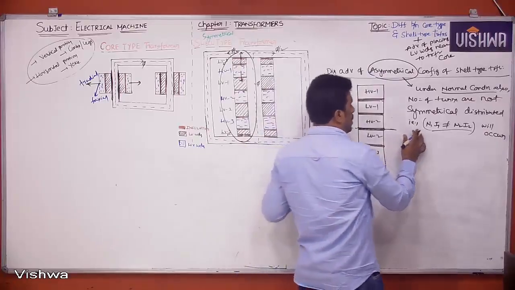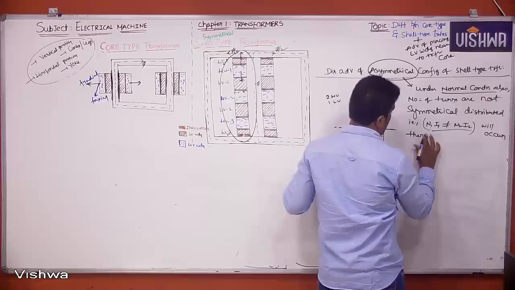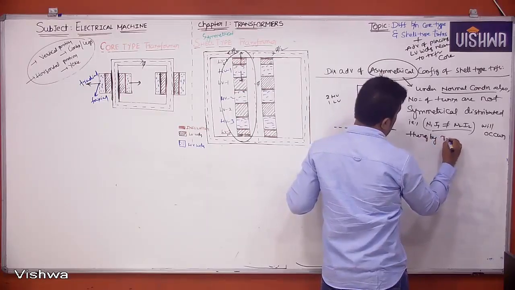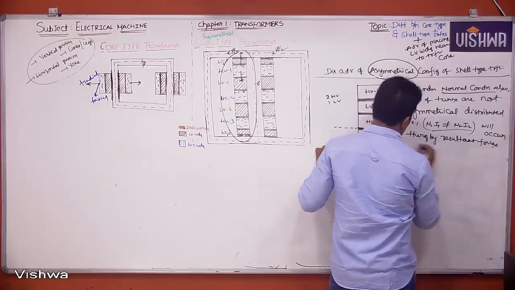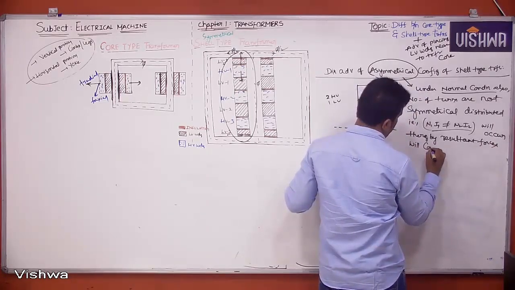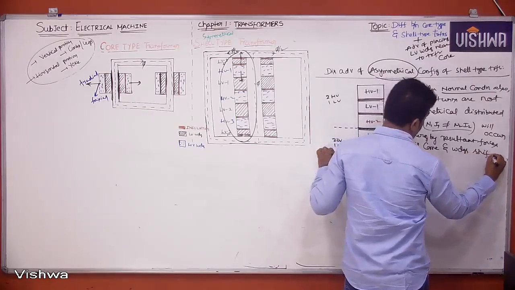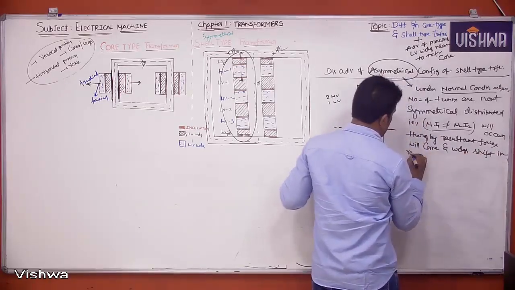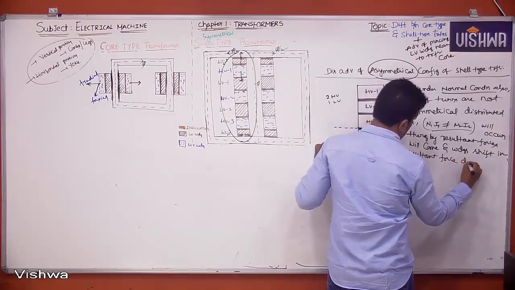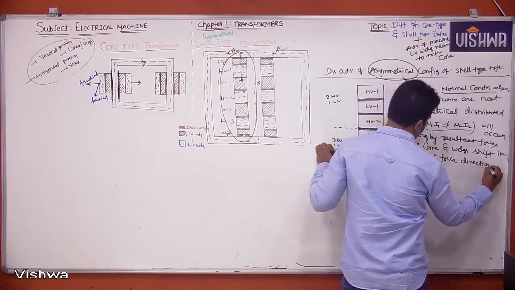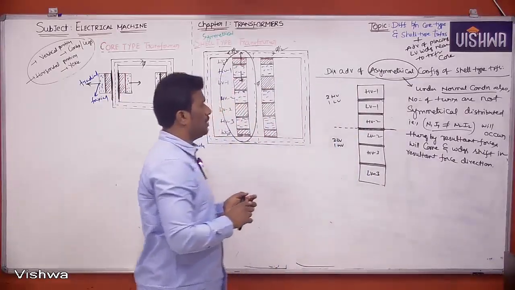Thereby resultant forces will come and windings shift in the resultant force direction. That is the problem in asymmetric configuration of shell type transformer.